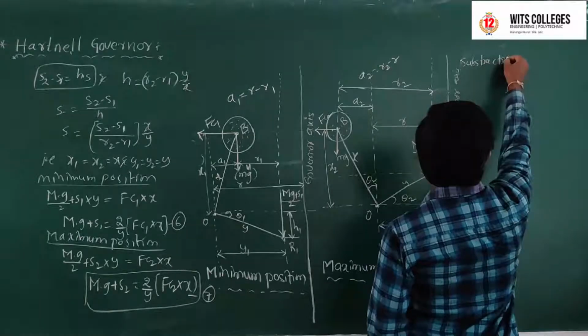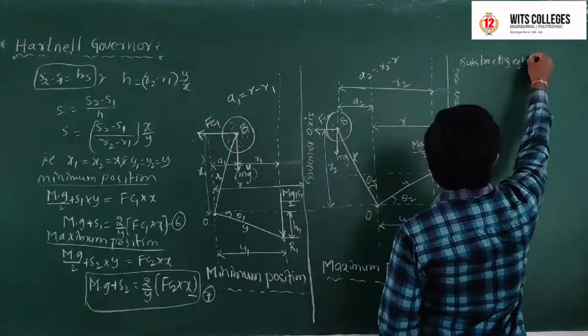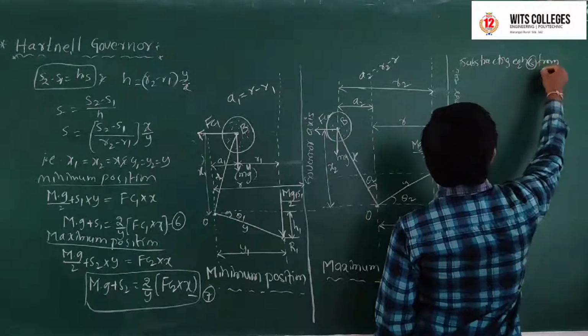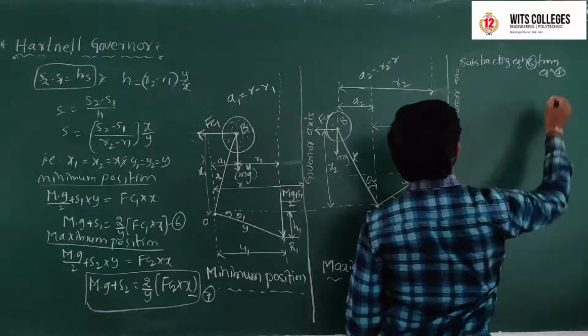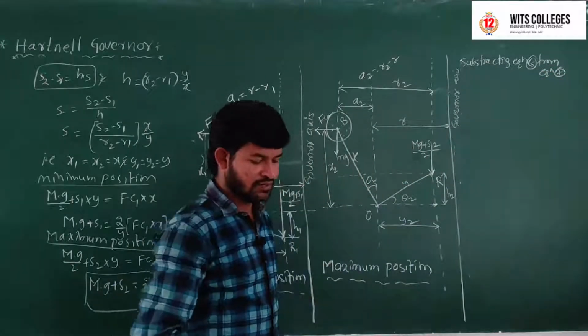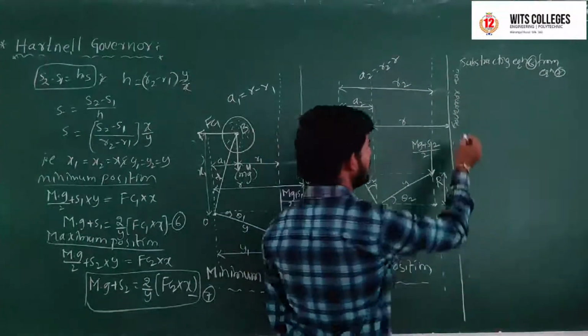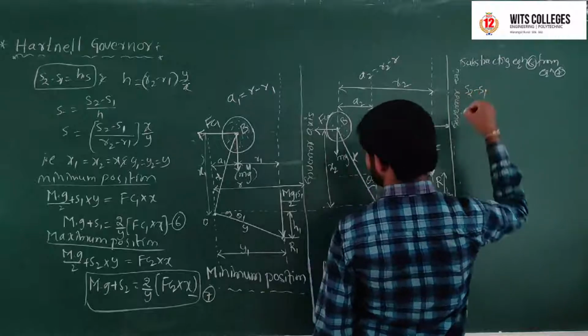Subtracting equation 6 from equation 7, we get the value of s2 minus s1.